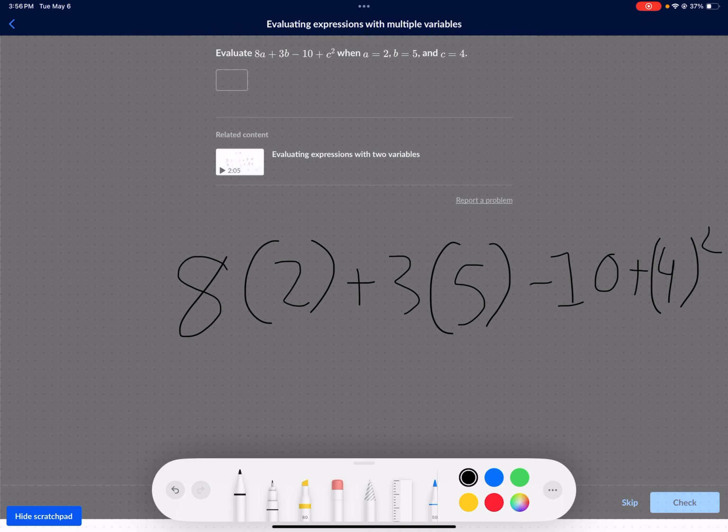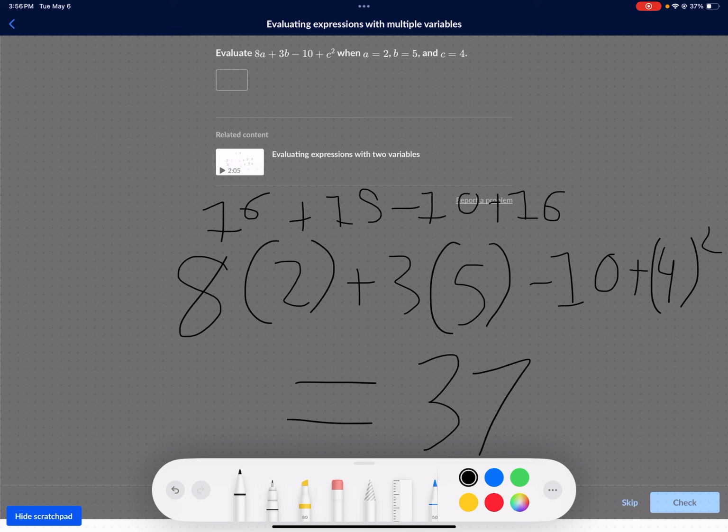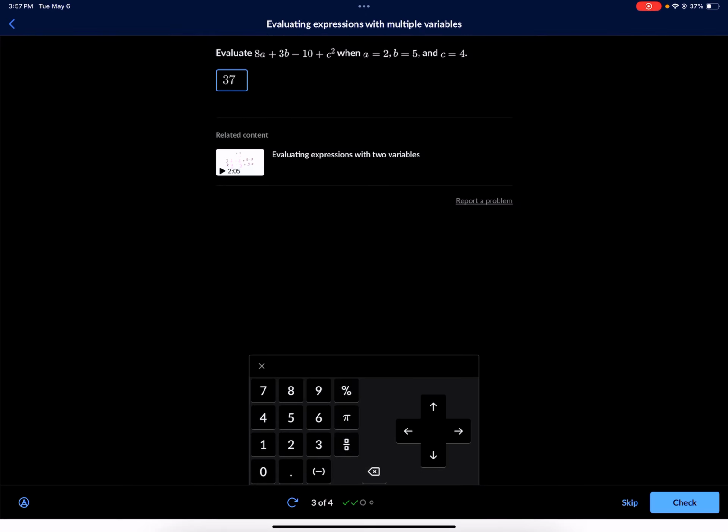So if we plug in all these numbers, what will we get? We get 37, because we did 16 plus 15 minus 10 plus 16. And then we go left to right, so 16 plus 15 is 31, and then 21, and then 37. So 37 is our answer.